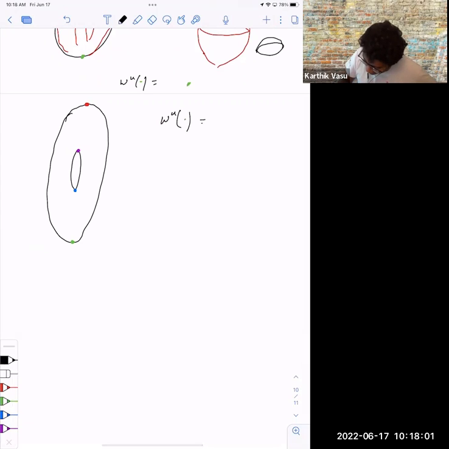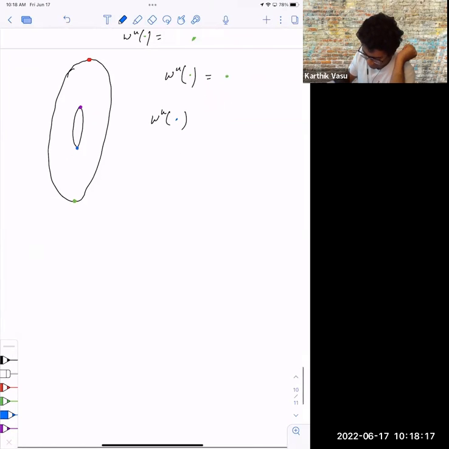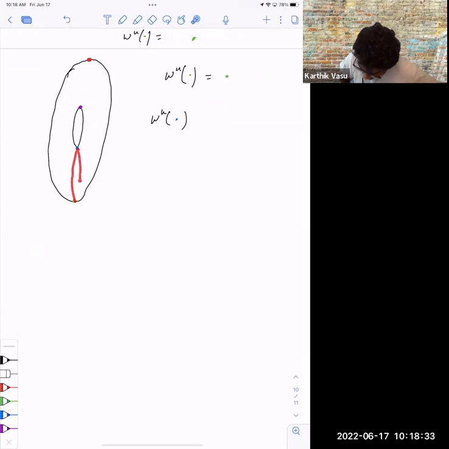Again, green is the minimum. So for this, the unstable manifold will just be the point. Nothing else will flow from it. Now going for the unstable manifold of blue. What are all the things which start and flow from here? It will just be two gradient flows which will flow in these two directions. One will come out and go down, one will go from the back of your torus.